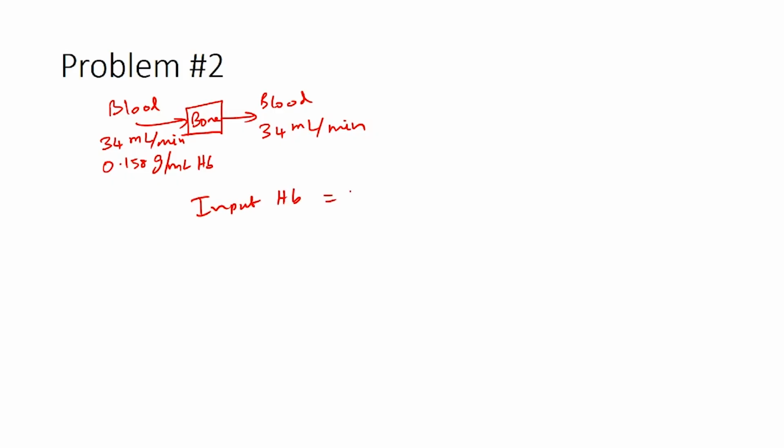We know that the concentration of hemoglobin is 0.158 grams per ml and the flow rate of blood is 34 ml per minute, which means the mass of hemoglobin entering the system would be 0.158 multiplied by 34 grams per minute. So, this would be equal to 5.372 grams per minute.